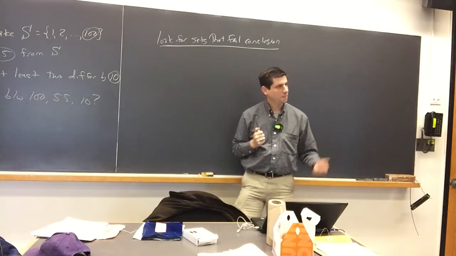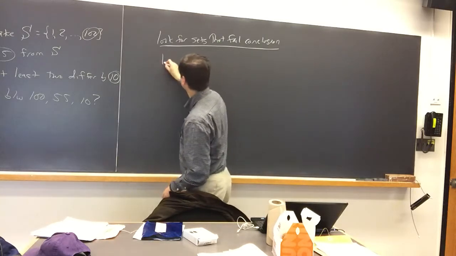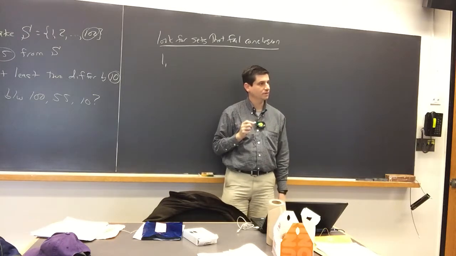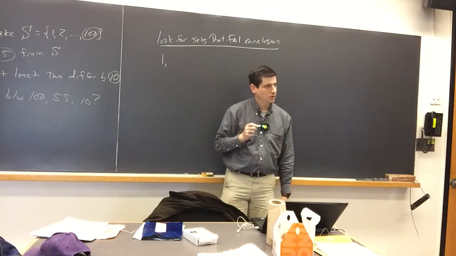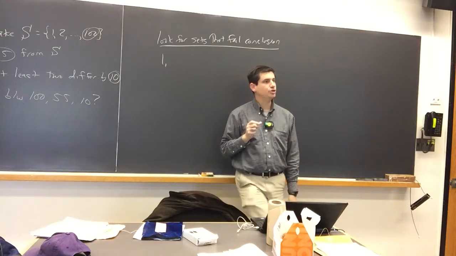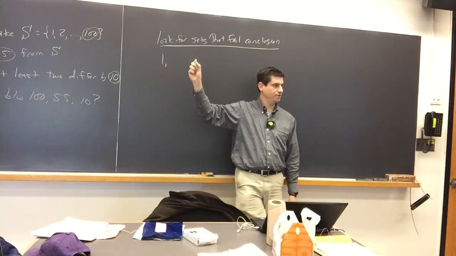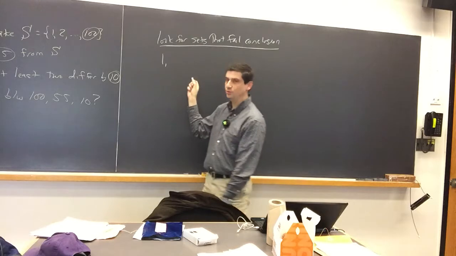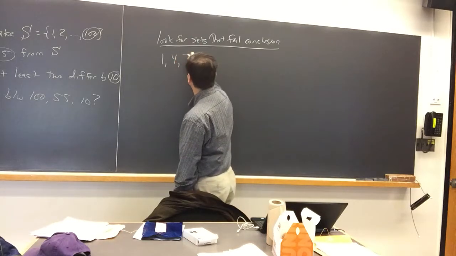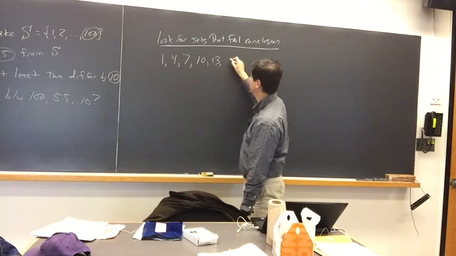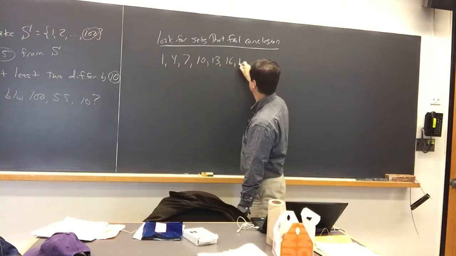We can have 1 and all numbers modulo 3 with remainder 1. So 1, 4, 7. Oh, so you're going to go from 1 all the way up to 100, counting by threes? Yeah. Okay, so it's 1, 4, 7, 10, 13, 16, 19.